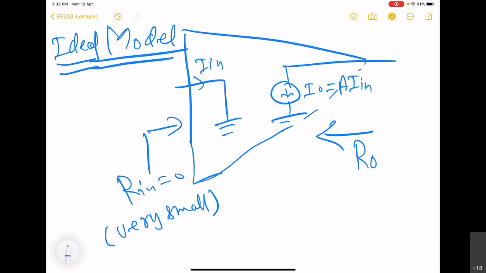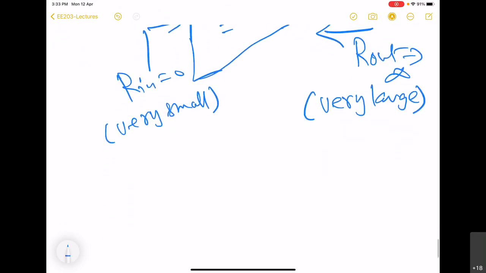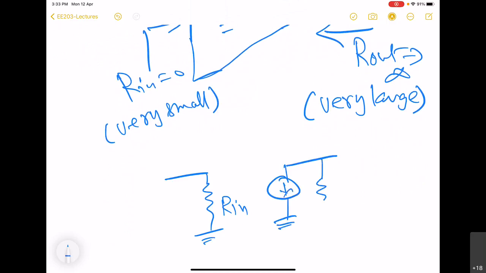And here Rout to be infinite, we will have it very large. So the model will then get modified so that we have a small Rin and we have a large Rout.